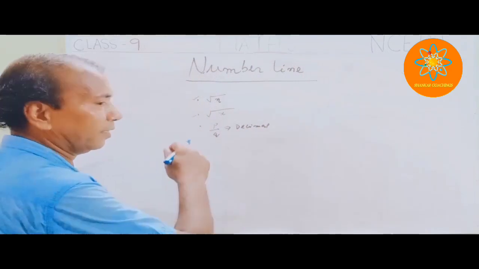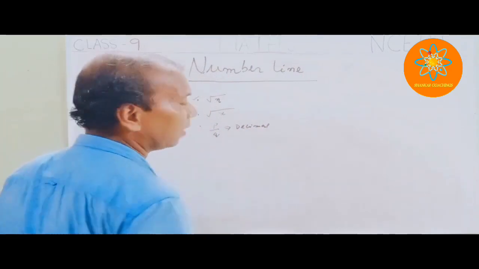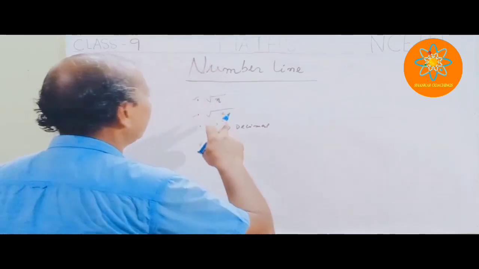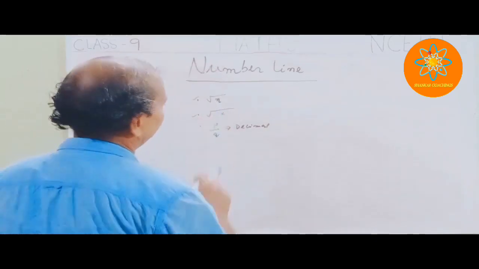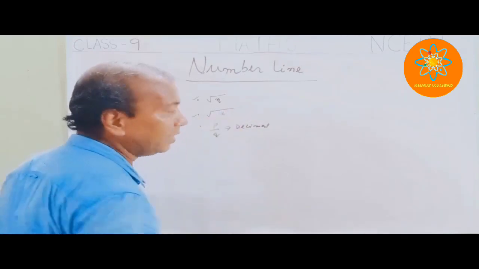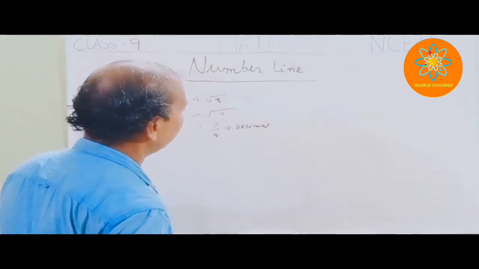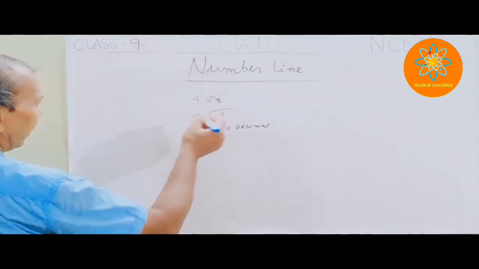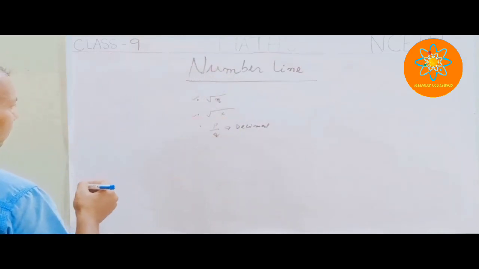Next, let us take the second case, when the root of a decimal number is given. I am taking x, which is any decimal number. So how do we find root of x?